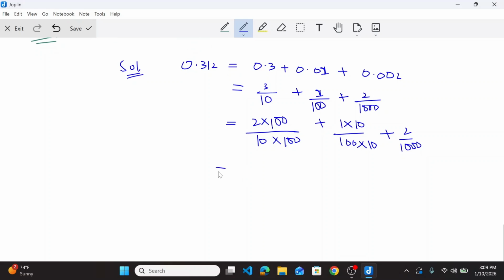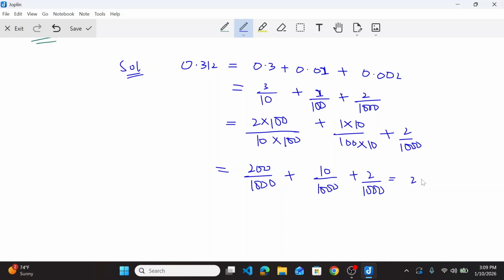Now the denominators are the same, so we can add the numerators. The bottom numbers are the same, so we can add the top numbers. For practice, you can do it for understanding.